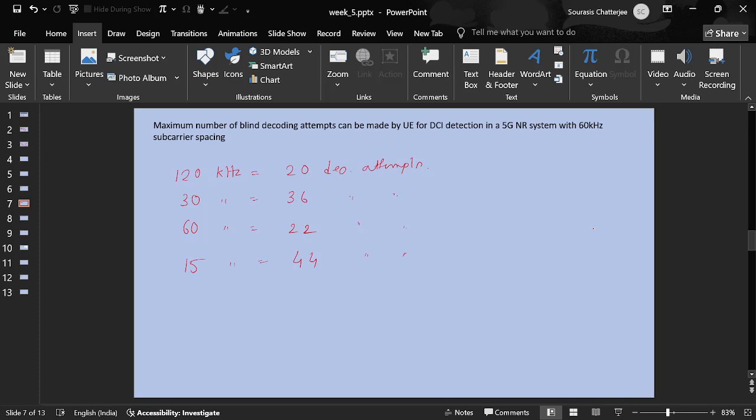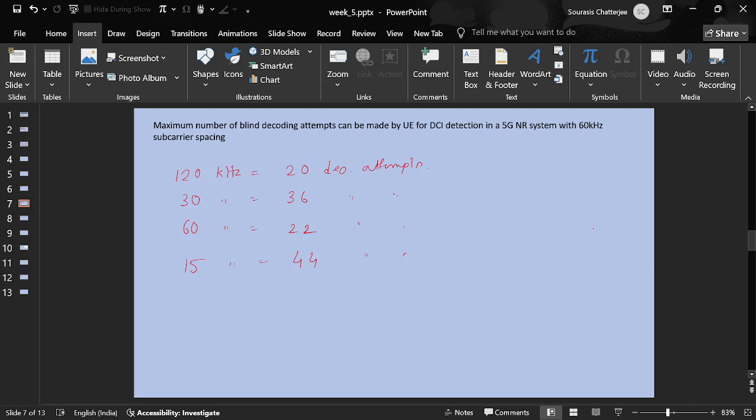Yes, early termination can be done. That's why CRC interleaving is there. Okay, so what are the problems with blind decoding? Power consumption issues, battery drain.